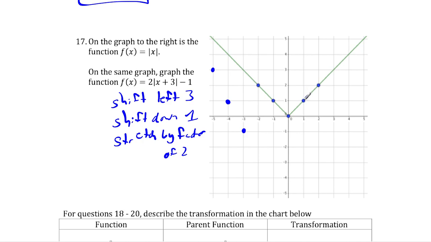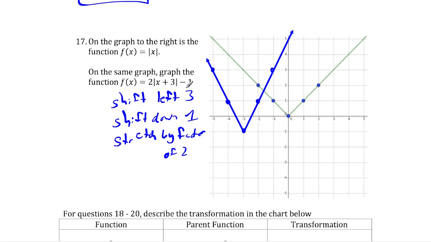If I take this point, double it, move to the left 3, and then down 1, and then take this point, double it, move to the left 3, go down 1, I actually end up getting this very nice graph, which I can use a straight line tool for. There you go. There you can see when x is 0, I get y is 5. Oh, that's an embarrassing mistake. But I won't edit the video. Maybe I should. But that's all we got to do there.